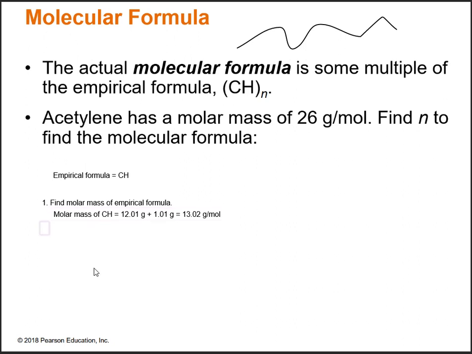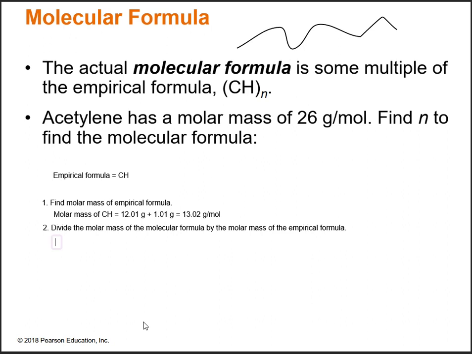Now that we have our molar mass of the empirical formula, the second step is to divide the molar mass of the molecular formula by the molar mass of the empirical formula. So you have to make sure to keep those 2 things straight.